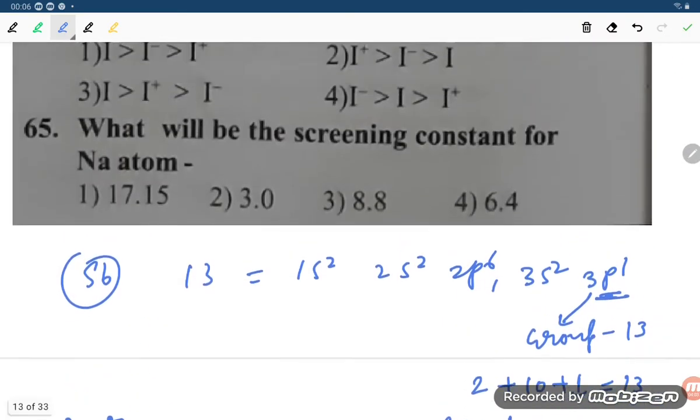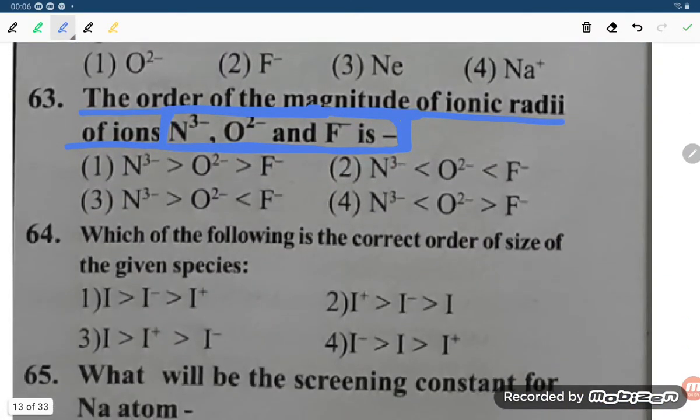So you see which has the greater negative charge: N3 minus has more negative charge, then O2 minus, then F minus. So N3 minus will be the largest in size, then O2 minus, then F minus. Option number 1 is the correct option, student. More 3 negative, 2 negative, 1 negative.